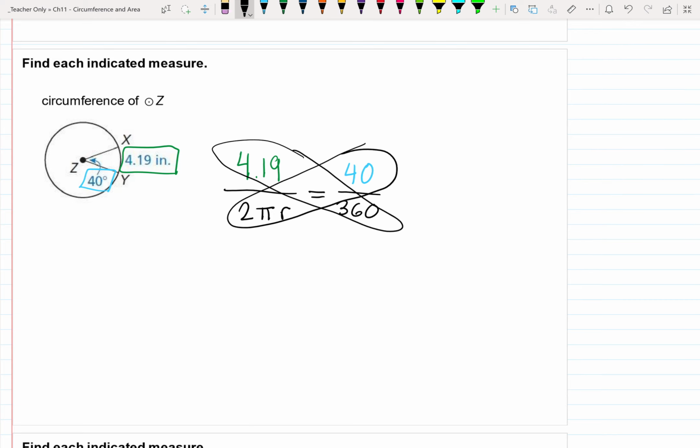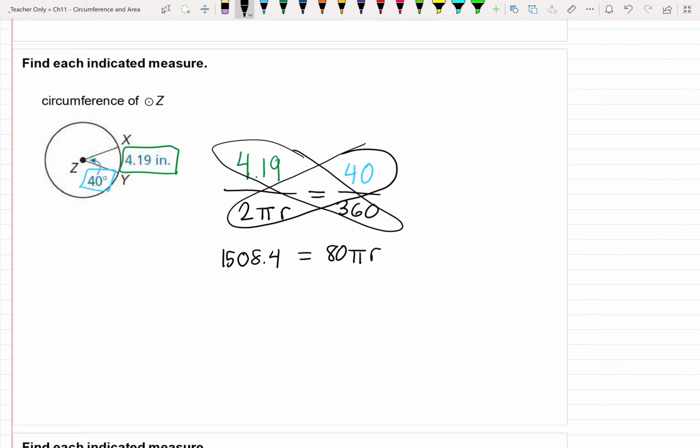So we will have 4.19 times 360, which is 1,508.4 even, equals 40 times 2 pi r. So 40 times 2 is 80. We'll say 80 pi r.